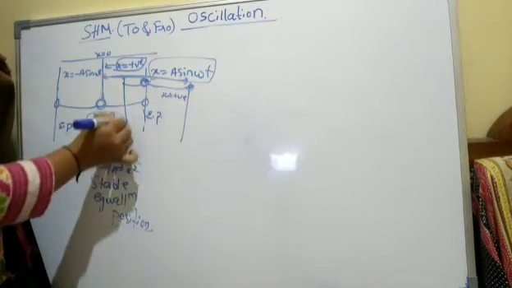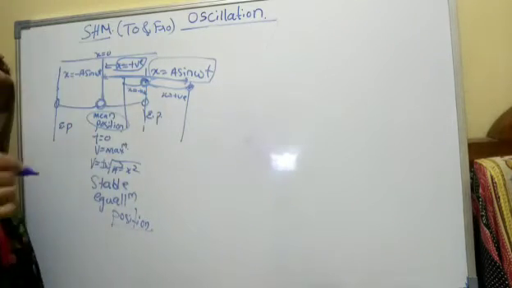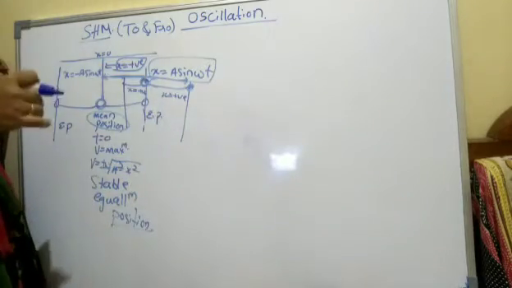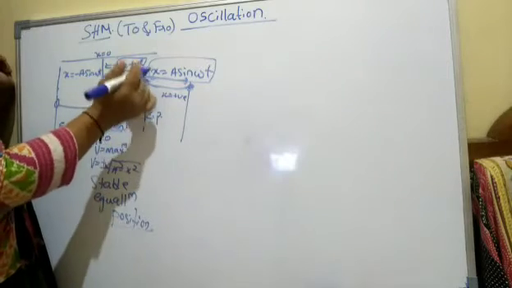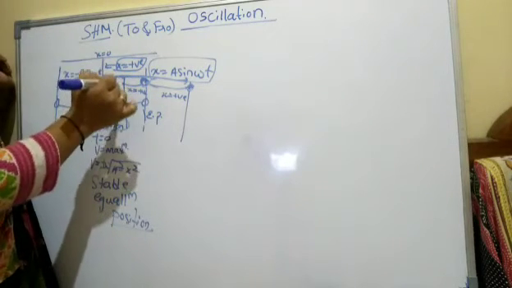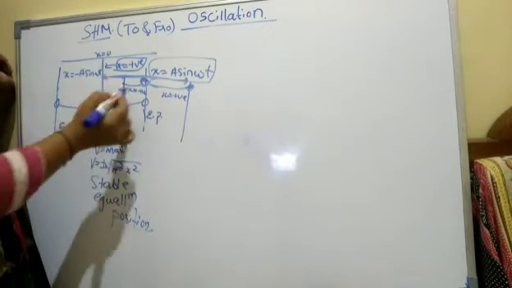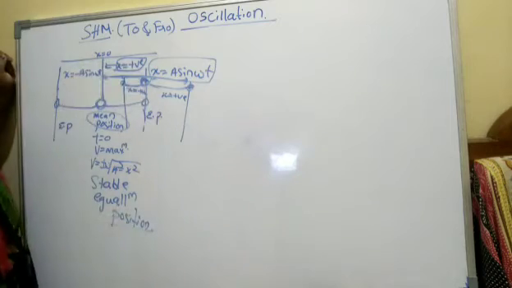This position is also positive, you should remember, because the whole particle is at the positive extreme position. So it will move here, come to the original position where it started the simple harmonic motion, the to and fro motion, and it will reach the other extreme position, which is also positive.